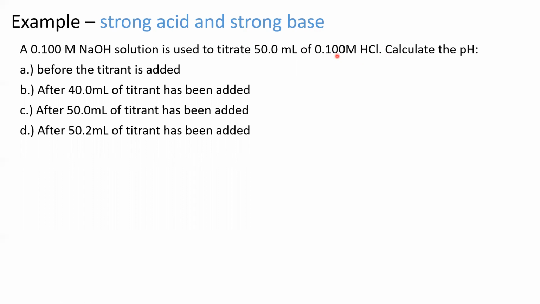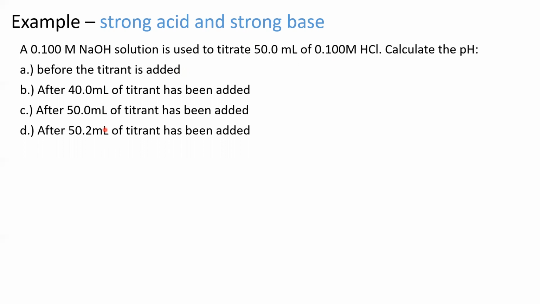And what we want to do is calculate what the pH will be before we add any sodium hydroxide, and then after we add 40 milliliters of our sodium hydroxide, and then after we add 50 milliliters of our sodium hydroxide, and then after we add 50.2 milliliters of sodium hydroxide. So we're going to look at the titration at 4 places during that titration.